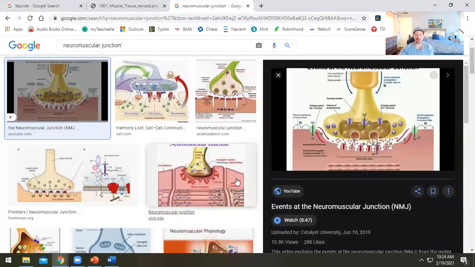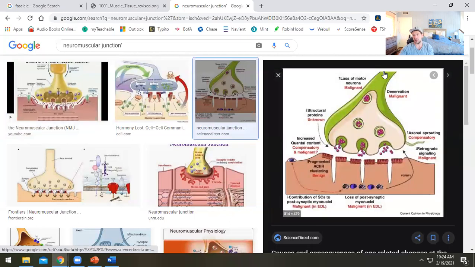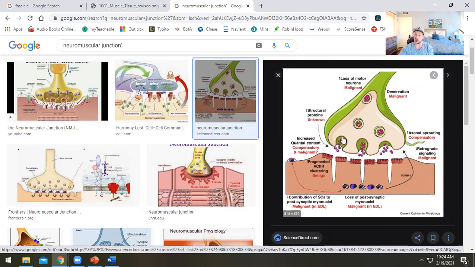And so what happens at the neuromuscular junction is the end of this neuron creates these little vesicles, these little pockets, and then that moves to the end, and it opens up the edge of the pocket to release this neurotransmitter. This neurotransmitter, by the way, is called acetylcholine. Okay, and so acetylcholine is going to diffuse across the gap.